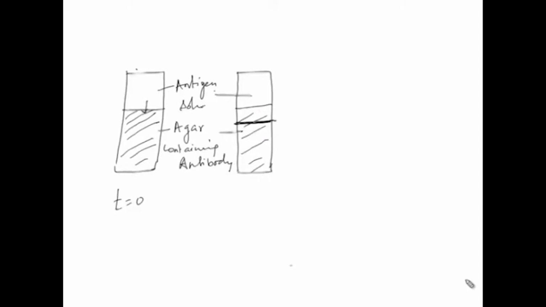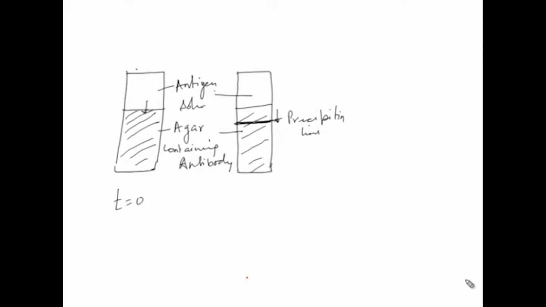This precipitin line is seen as the antigen concentration increases. Now, the precipitin line moves in this direction, down here, because as more antigen comes in, antigen excess occurs, and at a certain point the antigen antibody complex dissolves.